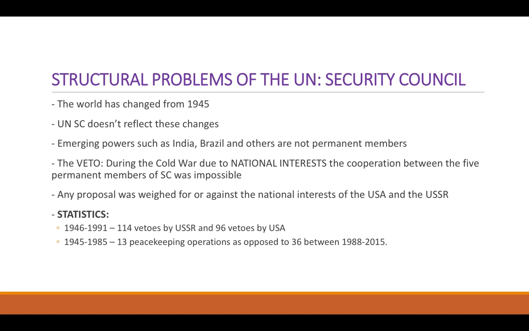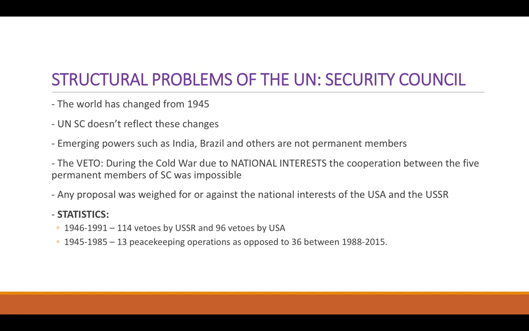For example, let's look at the statistics. 1946 to 1991, the time of the Cold War: 114 vetoes by the USSR and 96 vetoes by the USA. From 1945 till 1985, there were 13 peacekeeping operations, as opposed to 36 between 1988 and 2015.